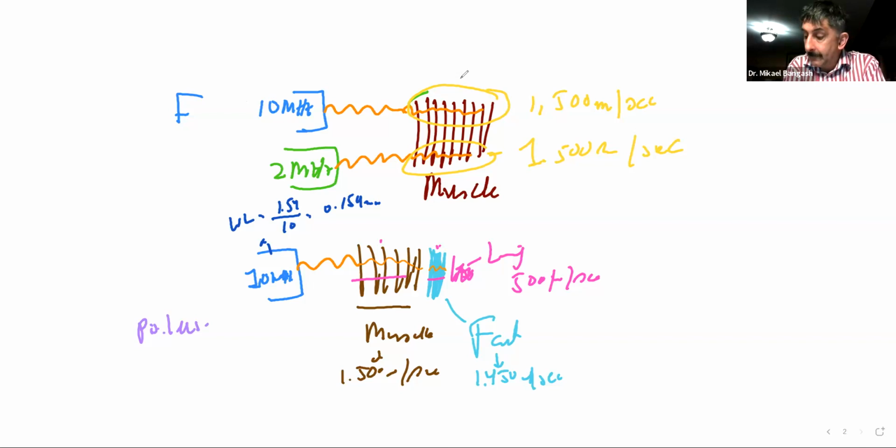They travel at the same speed through a specific medium, which we said here was muscle. So regardless of the frequency, sound will travel through the specific medium at the same speed.